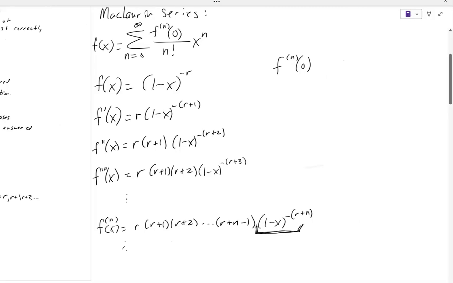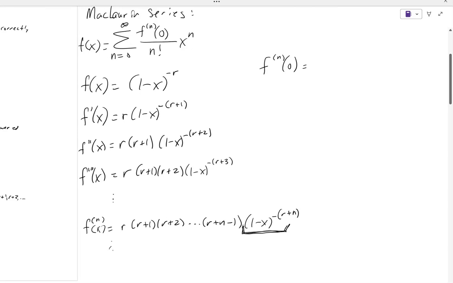So this is just going to be, and I'll write it this way. I'll actually flip it around this time. r plus n minus 1, r plus n minus 2, times, r plus 1 times an r. Reminds you of a factorial, doesn't it? Doesn't go all the way down to 1, but it should remind you of a factorial.